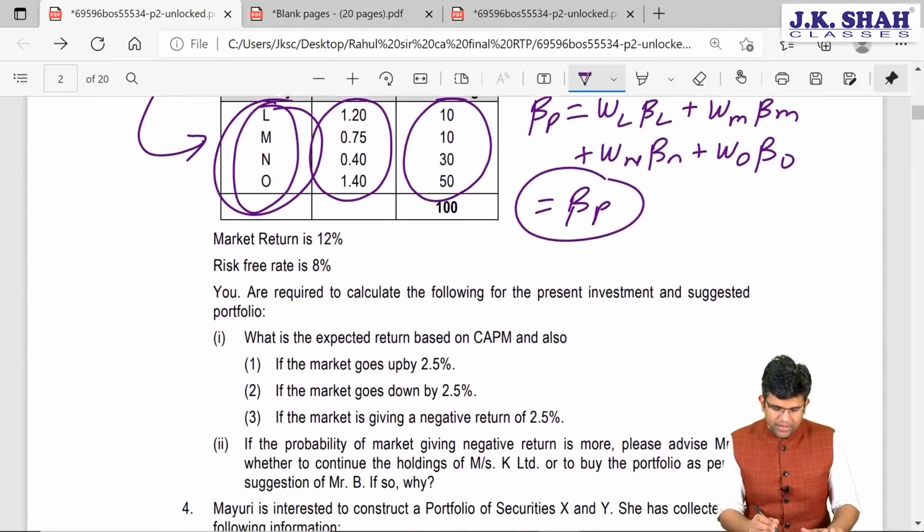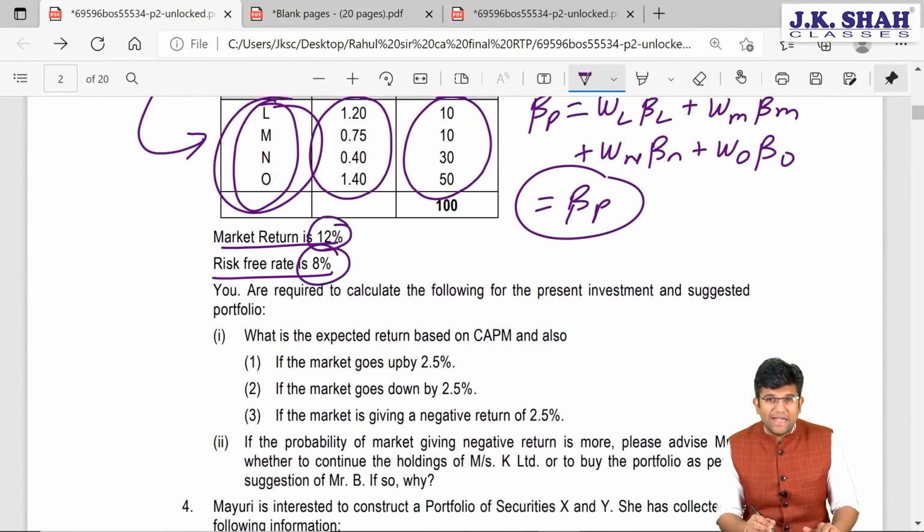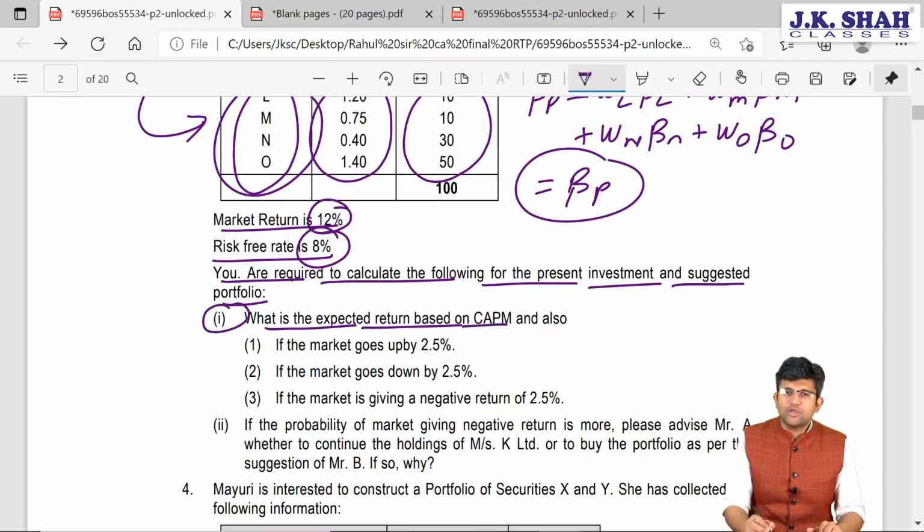Now students, what they're asking you is that if RM is 12% and IRF is 8%, you are required to calculate the following for the present investment and suggested portfolio. So point number 1, they're asking you what is the KE based on CAPM.